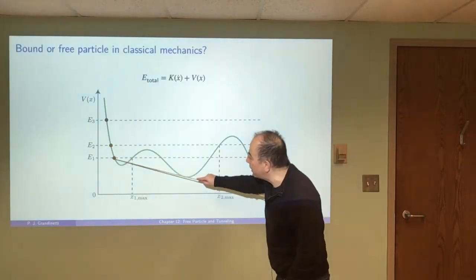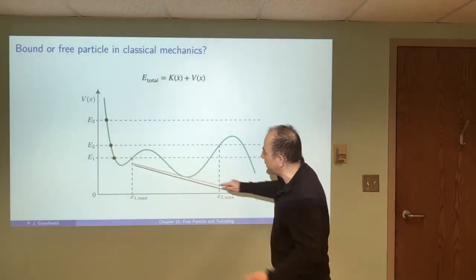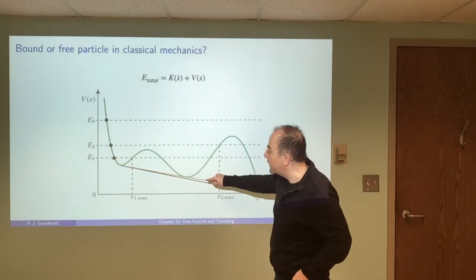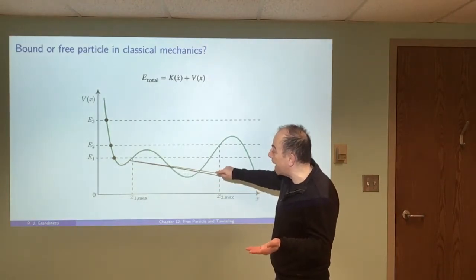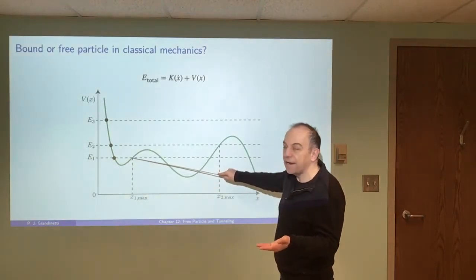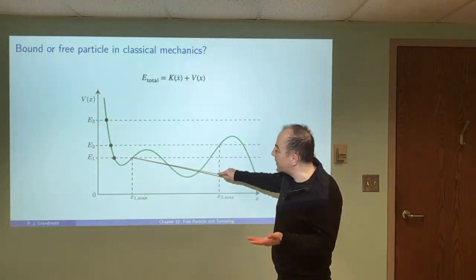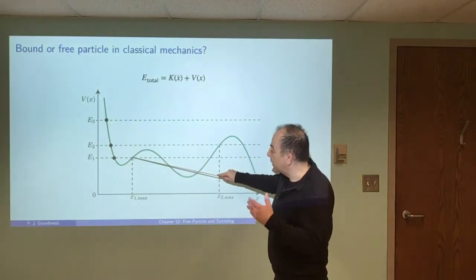You would expect that there's going to be a force acting on this particle, based on the potential energy surface, that's going to be pushing it down towards this equilibrium point. Once it gets down to this equilibrium point, it's going to have kinetic energy, which is going to push it back up, and eventually it reaches a point where all the kinetic energy is gone, all the total energy is in potential energy, and it reaches what we call a turning point in classical mechanics.